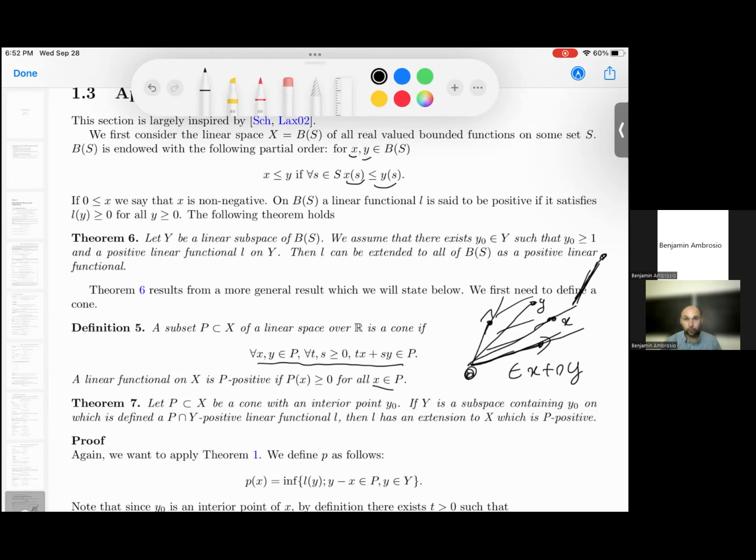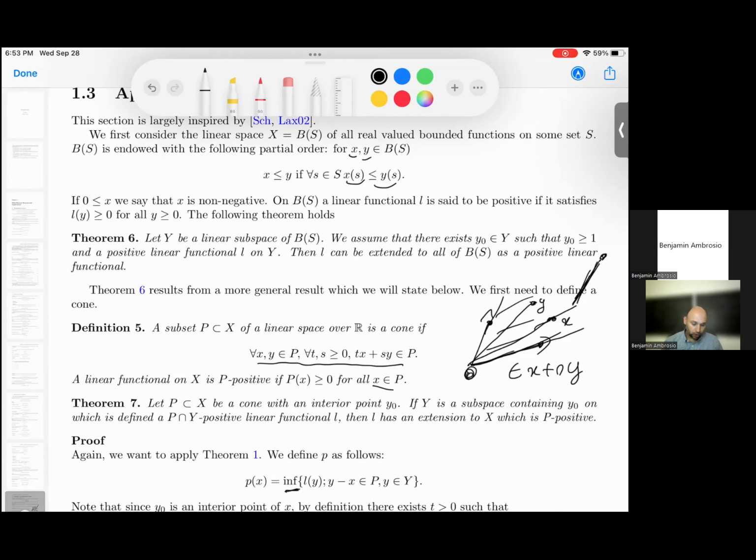So the proof, again, it's the title of the section, application of the Hahn-Banach theorem. So we are going to apply it. We first need to define our function p, like in the Hahn-Banach theorem. So let's give a try. Let's try to define p of x for all x in capital X as this infimum here.